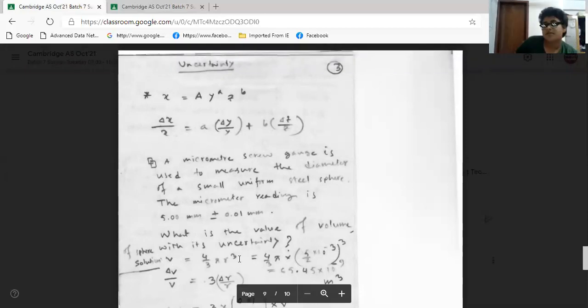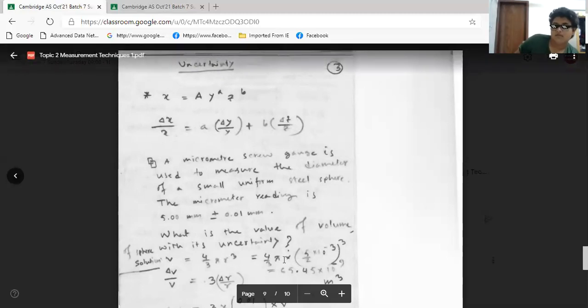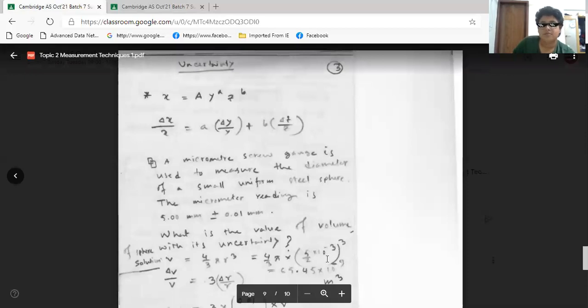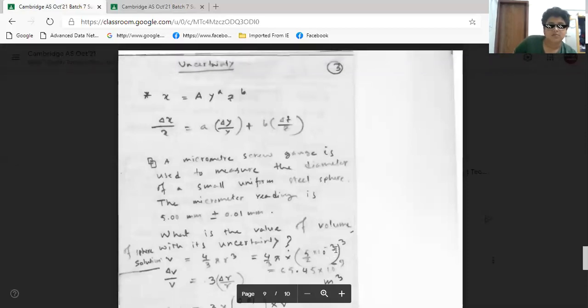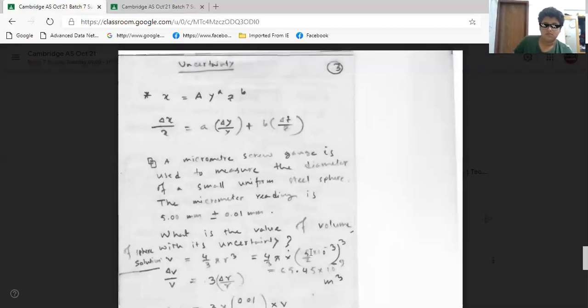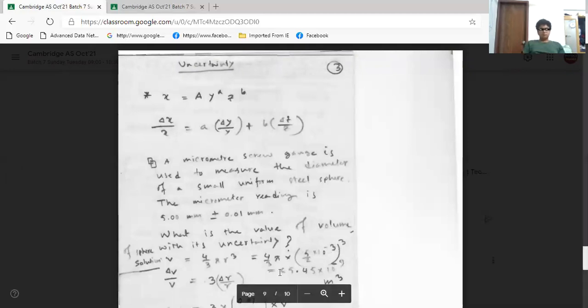Then if you put the values here, 4 by 3 pi, then our r value cubed, which is 5 by 2, into 10 to the minus 3, because it is in millimeter, we have to convert to meter. Then it comes to 65.45 into 10 to the minus 9 meter cube.